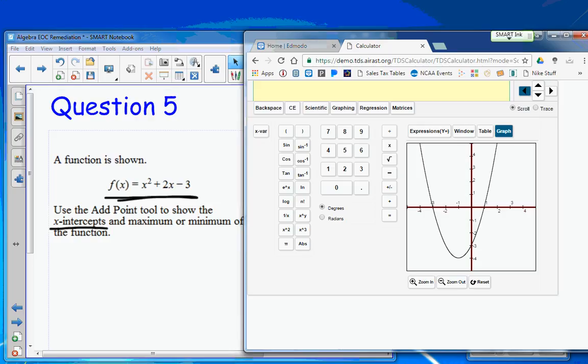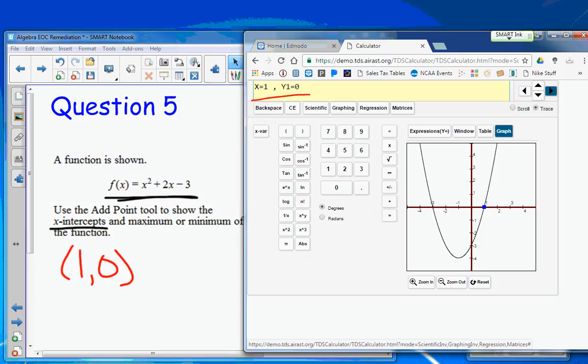What's really nice is if you click up here where it says trace, it allows you to trace the graph so that you can get the x-intercepts. So I'm going to trace this graph until I get to an x-intercept, meaning y has to be 0. What is my point right there where the line hits the x-axis? It's 1, 0, and I got that from the top up here. So my first point is going to be 1, 0.